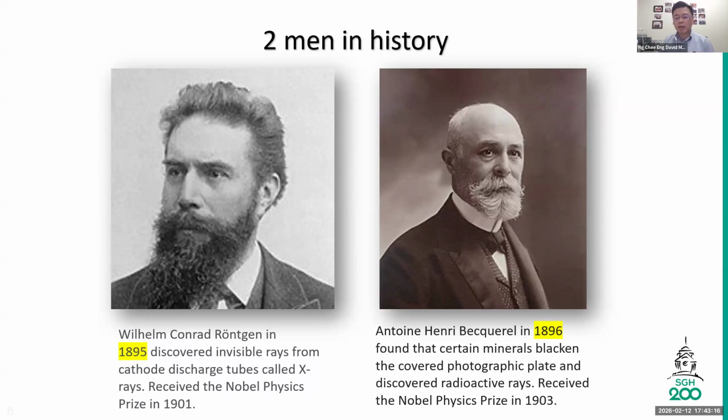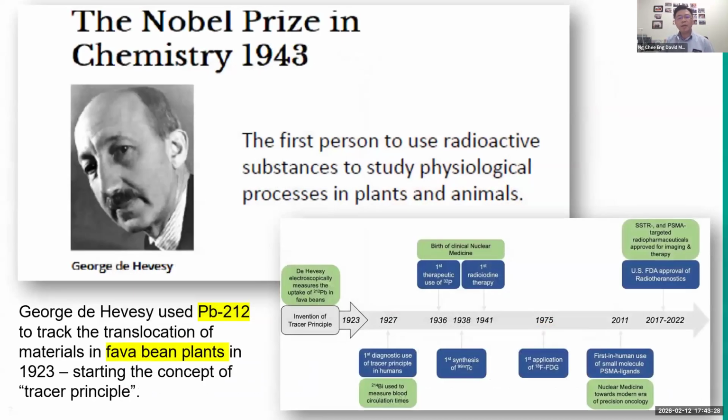He therefore discovered radioactive rays, and he received the Nobel Prize in physics in 1903. Subsequently, a major milestone in nuclear medicine imaging and therapeutics was George de Hevesy, the first person to use a radioactive isotope, lead-212, to track the translocation of materials in fava bean plants in 1923. He started the concept of the tracer principle.